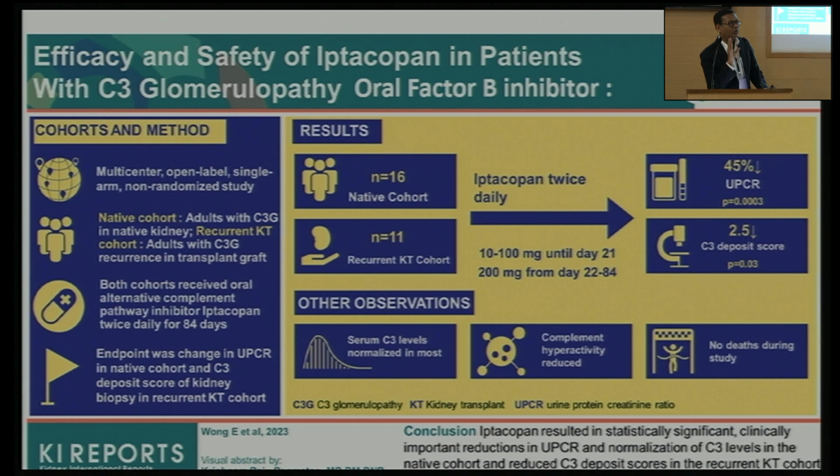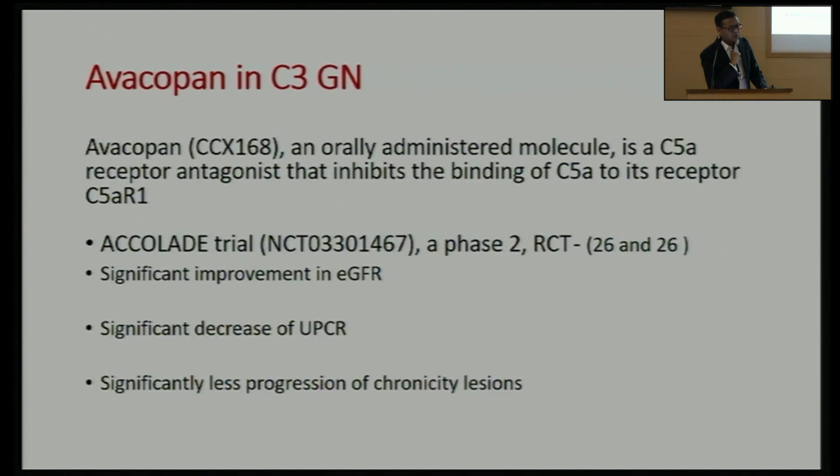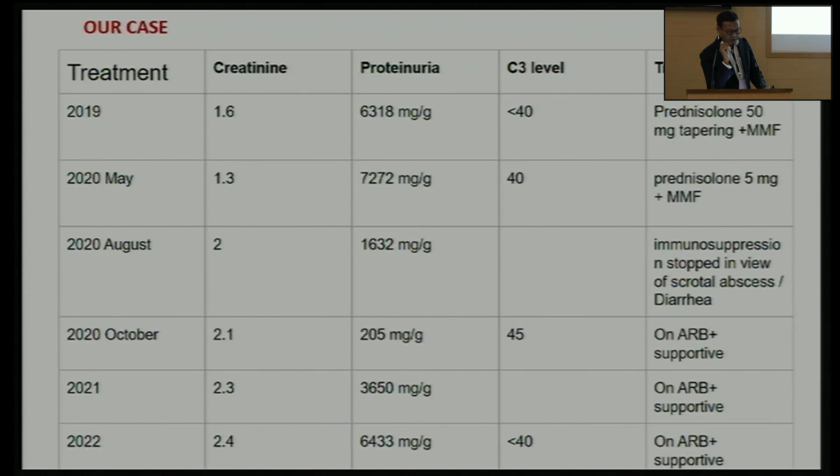A phase 3 trial for Iptacopan in C3GN is now underway. And then Avacopan, which is a C5a receptor blocker, has a phase 2 RCT. This is published as an abstract, so no full publication is available. There were again benefits of using Avacopan, with a significant decrease in UPCR.